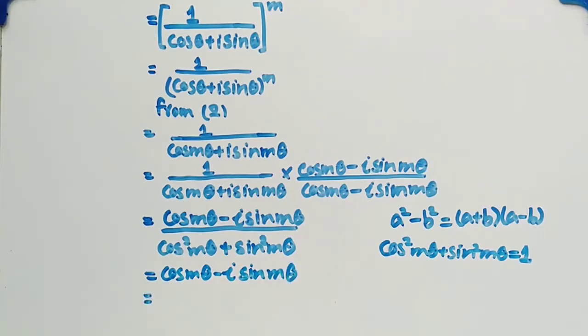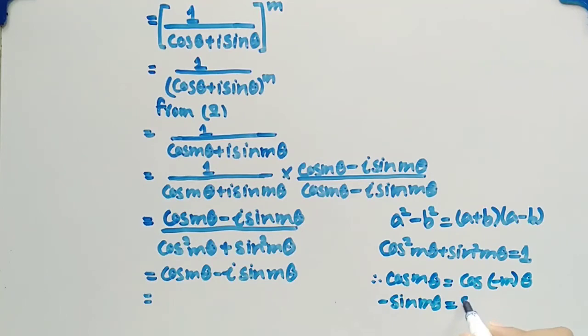Also from trigonometry, we know that cos m theta is equal to cos minus m theta and minus sin m theta is sin minus m theta.